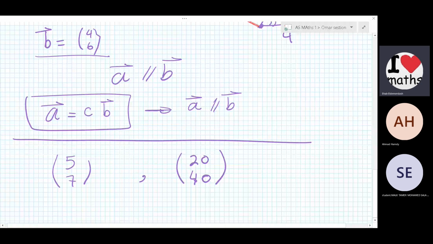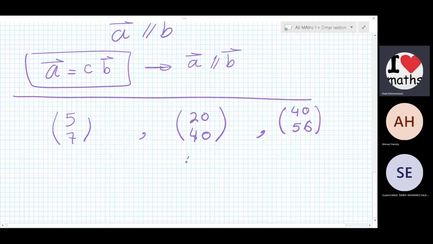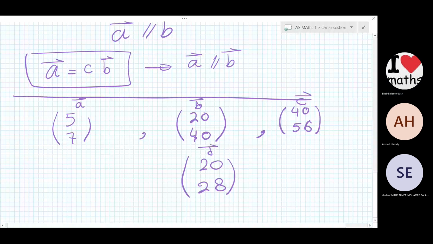Here I have vector A, vector B, vector C, vector D. Who can tell me where the two parallel vectors are among these? A and C, they are parallel. It's true. Why are A and C parallel? Multiply by what? 8.